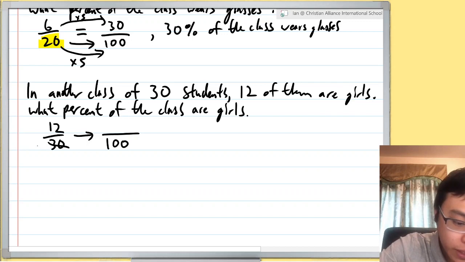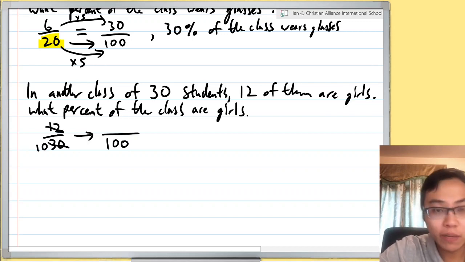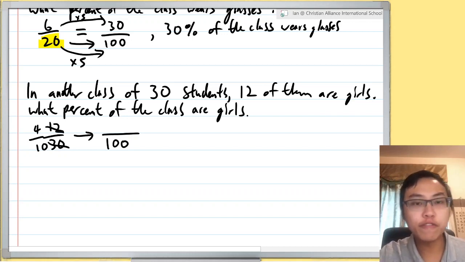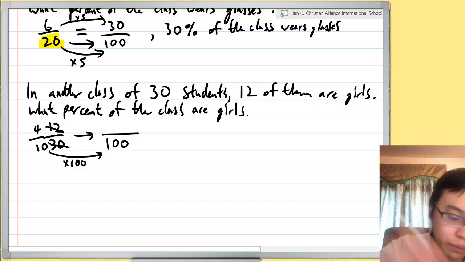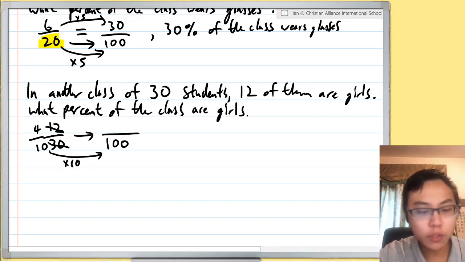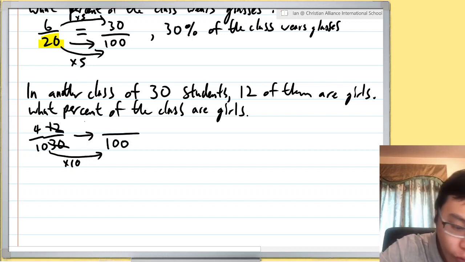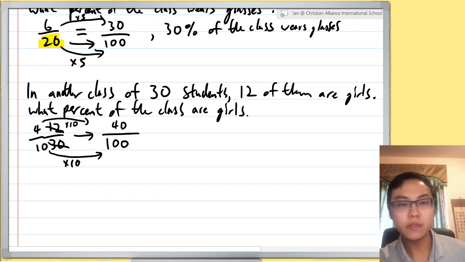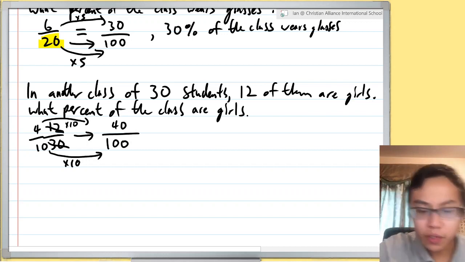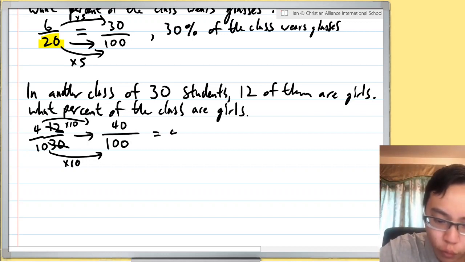So this now becomes 10, and 12 divided by 3 is 4. So we have 4 out of 10. Then from 4 out of 10, that can easily change to 100 by multiplying by 10. So I multiply 10 by 10, and 4 by 10, and we would get 40%. That is still an easy number. So that is equal to 40%.